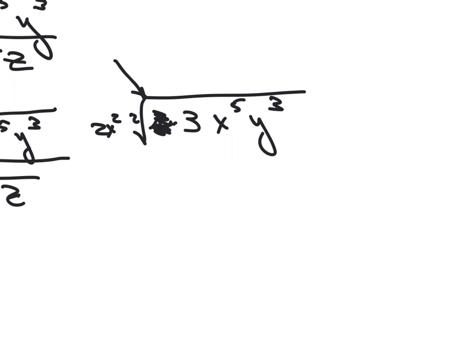So that's no longer a 5, it's a 1 left over. I'm going to do the same thing here. How many times does 2 go into 3? It goes into it once, and it has how many left over? 1 left over.